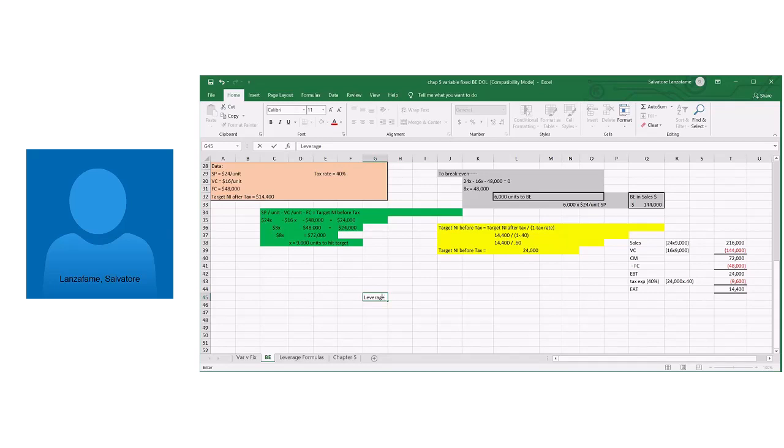It says, in physics, leverage implies the use of a lever to raise a heavy object with a small amount of force. That's what leverage means in physics.